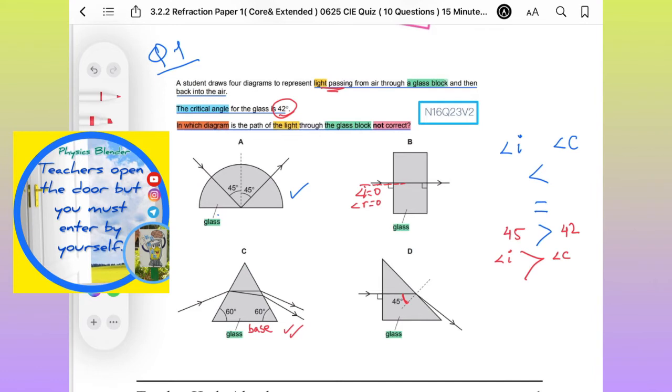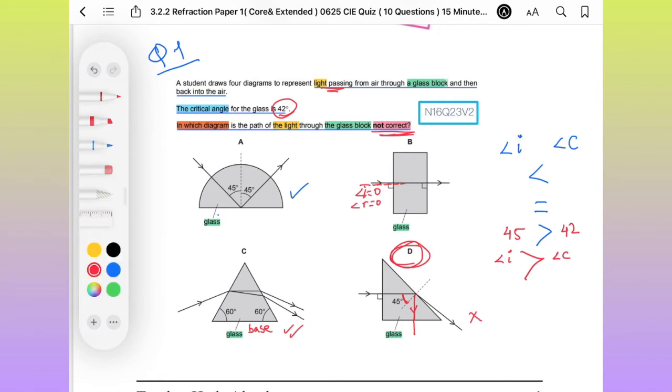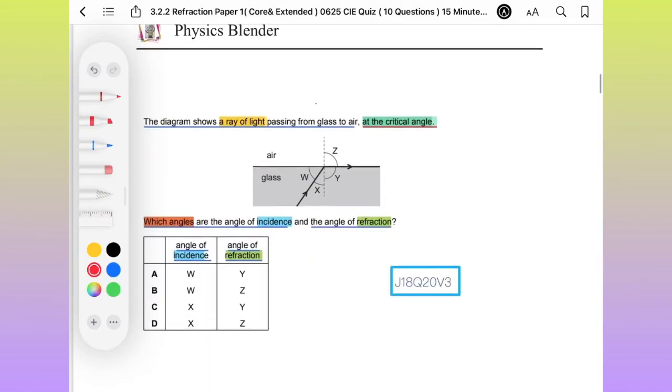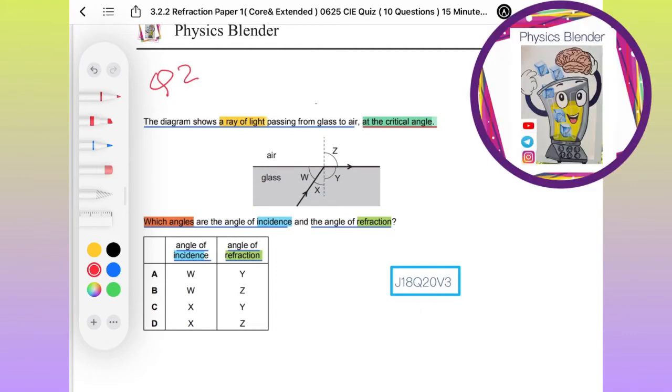The ray should be totally internally reflected. But what happens here is incorrect, so it's not correct. So the answer which is not correct is D, because he is asking you which one is not correct. Is it clear? Okay. Let's move to question 2.